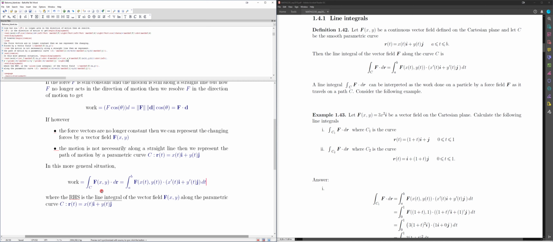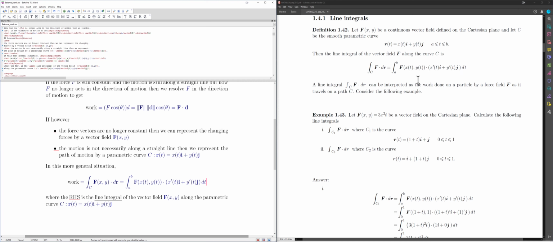Then from your parametric curve, you're going to differentiate with respect to t. When you differentiate, you differentiate the component functions with respect to t. So I get x prime of t and y prime of t, and I write down x prime of t i plus y prime of t j, and that goes inside here.